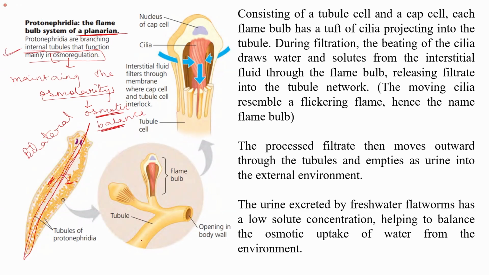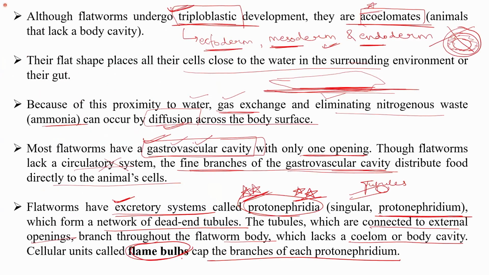So protonephridia are the branching internal tubules. You can see that these tubules of protonephridia are present all over the body of the platyhelminthes or the planarians. This is a zoomed structure of a tubule. You can see that the opening is in the body wall, and at the terminal they have flame bulbs, of which I was talking about. At the distal end, cellular units called flame bulbs cap the branches of each protonephridium.